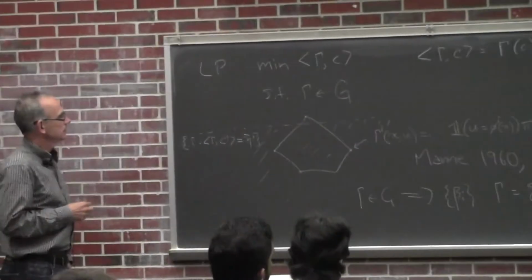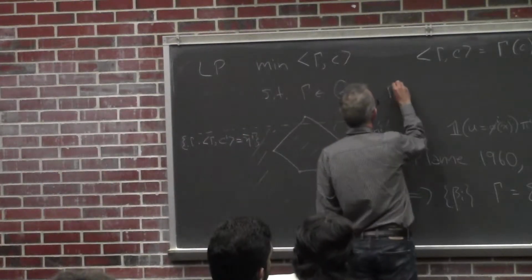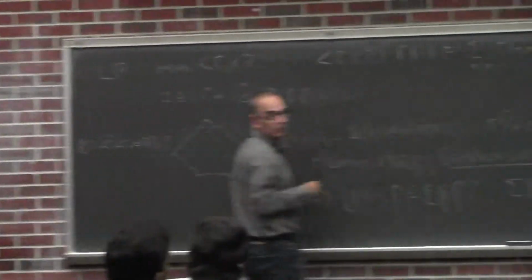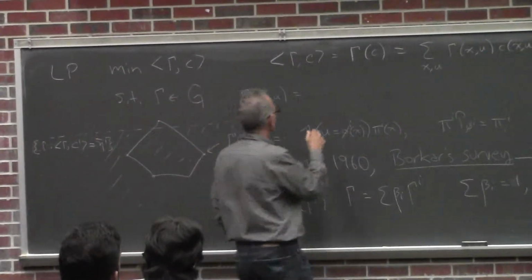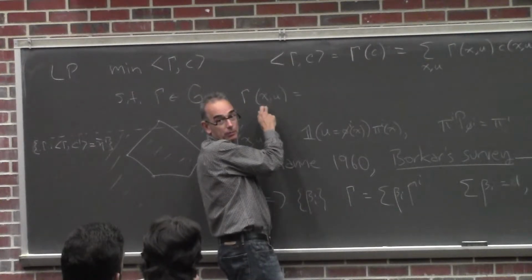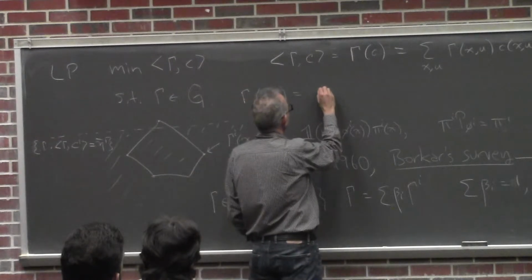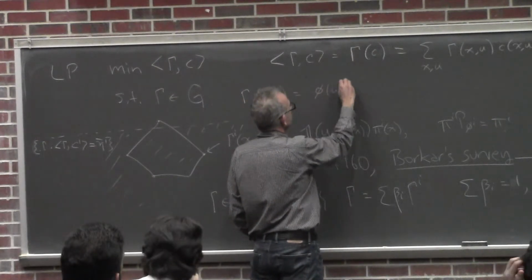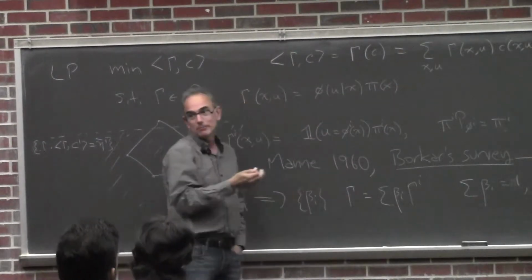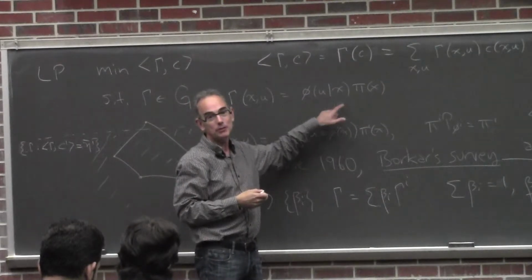So what does gamma represent physically? Remember what gamma is. Gamma of x,u is defined by Bayes' rule: any probability mass function on pairs x,u can always be factored. It's the probability of u given x times the probability of x. That's just Bayes' rule. This is notation for the probability of u given x.